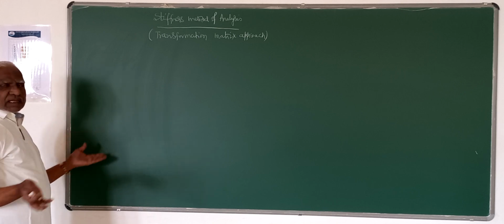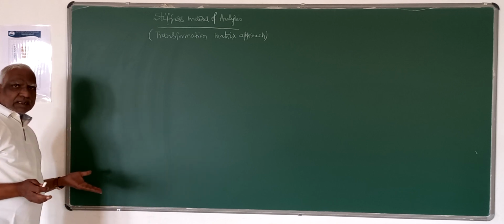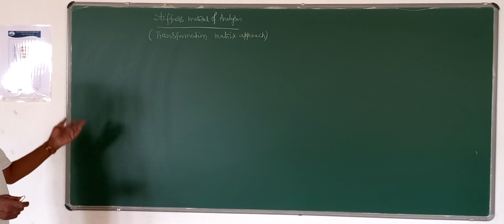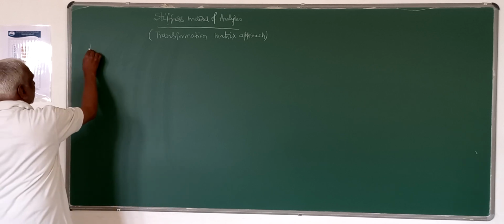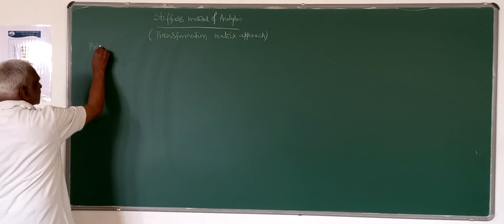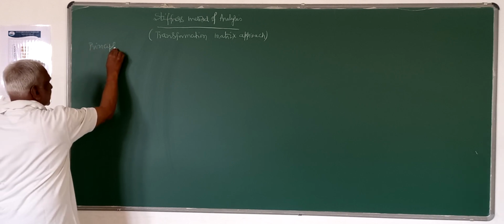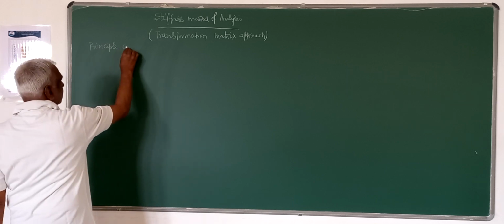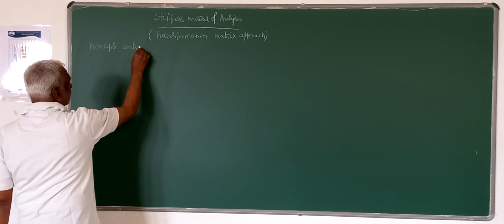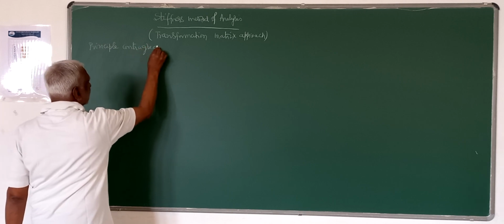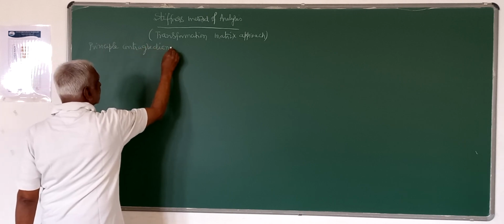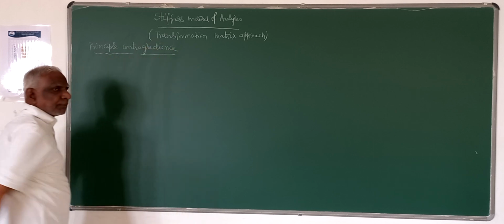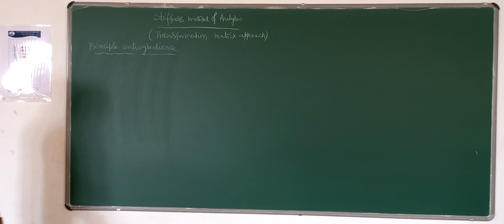We derive the relationship between the global and local coordinate systems using what is known as the principle of contragredience. You have already seen how this principle of contragredience can be applied to the flexibility problem. The same thing we will now apply for the stiffness method of analysis.